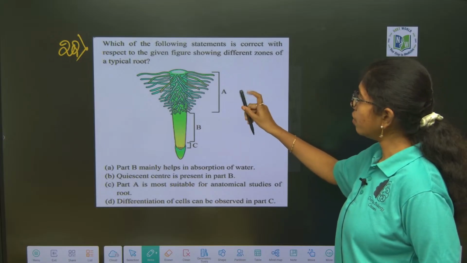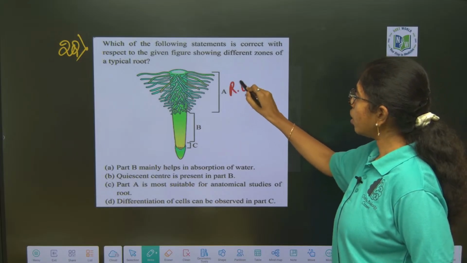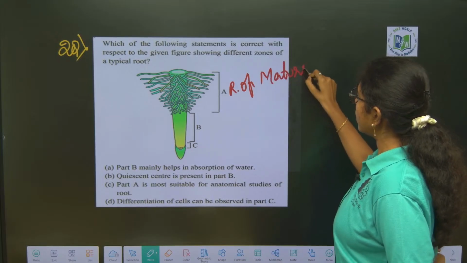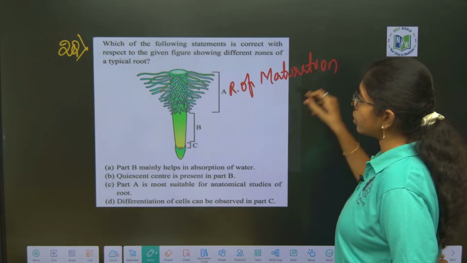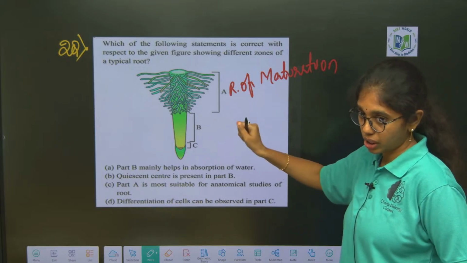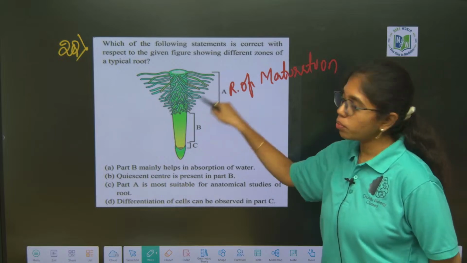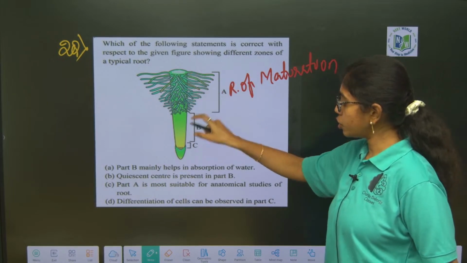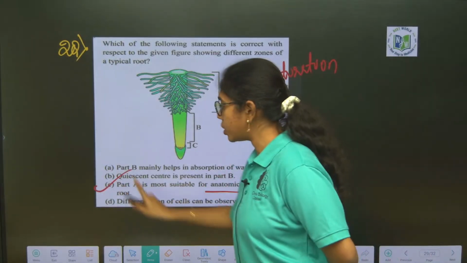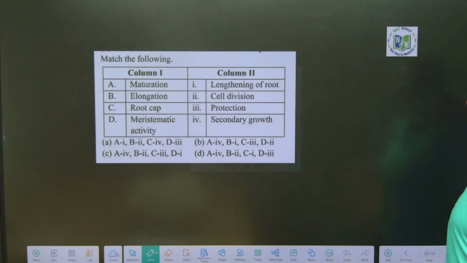This is region of maturation, region of elongation, region of meristematic activity. In the region of maturation the cells are differentiated both structurally and physiologically. So this will be the most suitable region for anatomical studies of the root. So option C will be correct. Next.